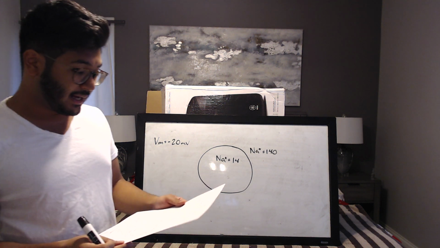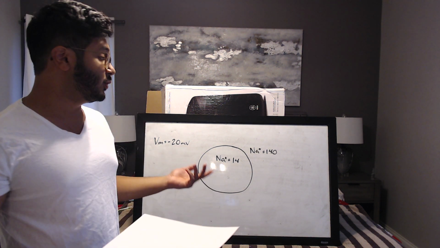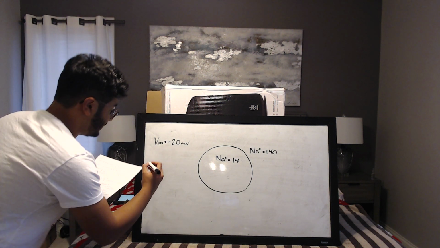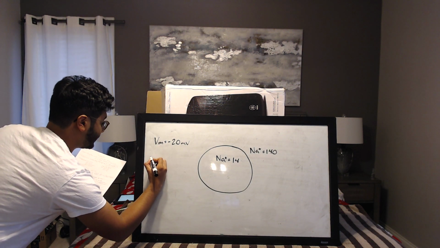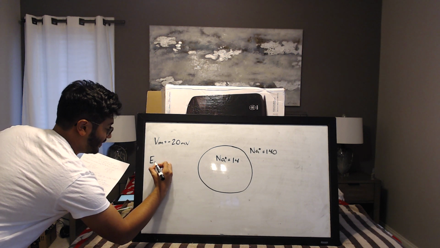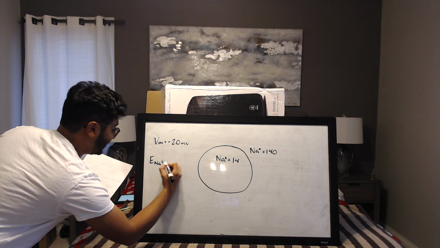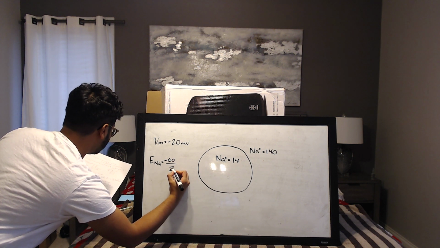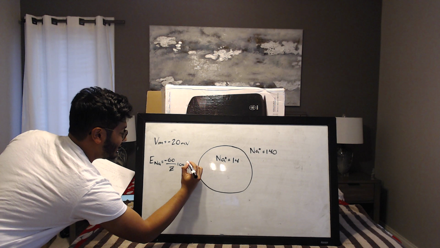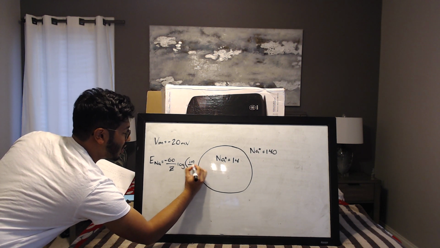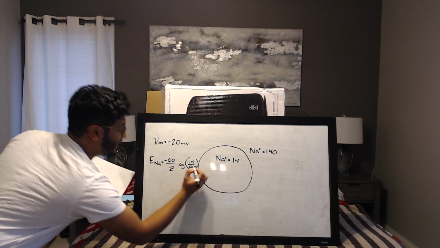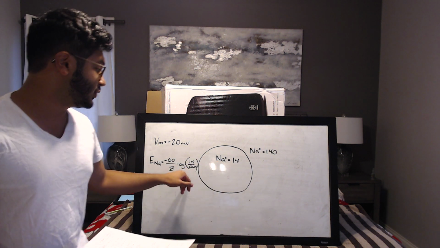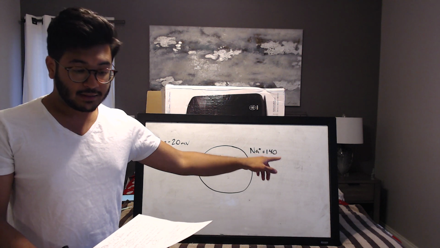Okay, the first thing you want to do is calculate your Nernst equation. So the Nernst equation is going to be: the EM is going to equal -60 over Z, log of in over out, meaning the concentration of the ion inside the cell versus the concentration of the ion outside the cell.